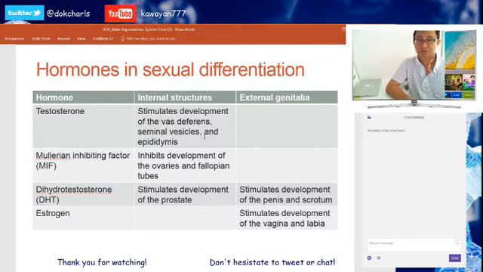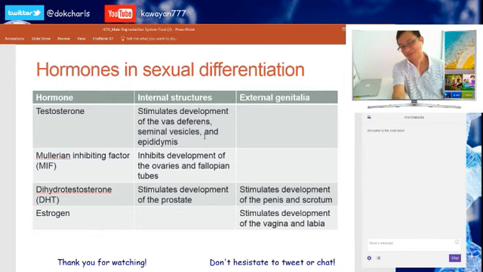Because in the genetic template, the female sex is the default template, meaning in the absence of any other stimulation, a human being will become a female. So you need hormones like testosterone and Mullerian inhibiting factor to inhibit the development of the ovaries and the fallopian tubes.